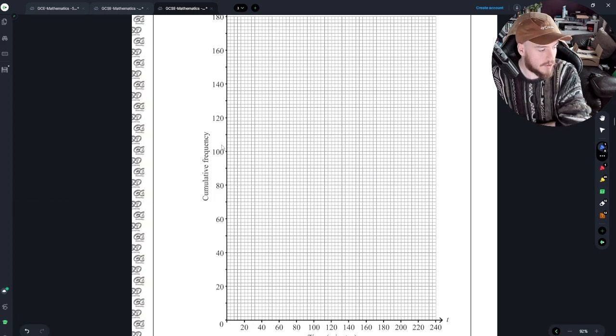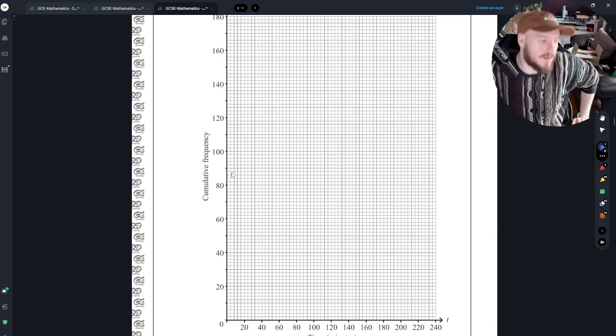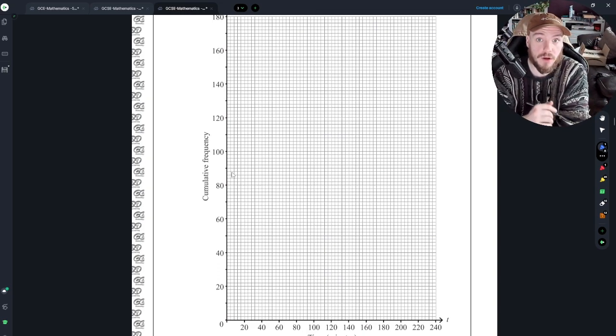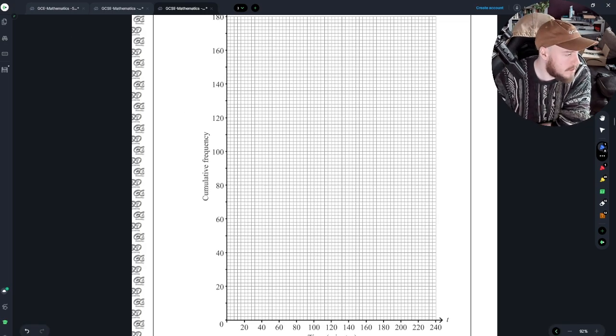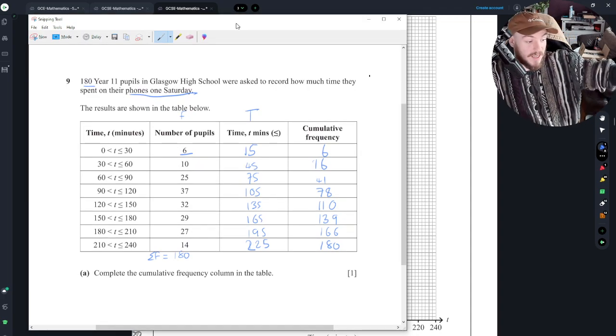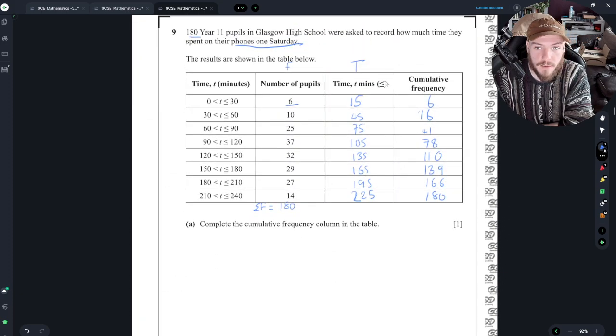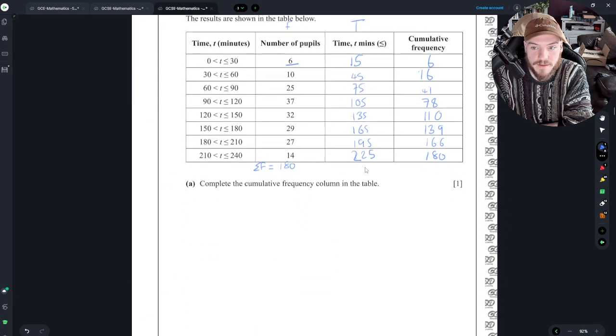Just in case you're unsure what we're plotting, I thought maybe I'll show you the first 2 points just to give you a bit of know-how as to what I'll be doing. So I've just screen captured the results here and I'm going to put it on my other screen. The first point, if we look up, is 15 and the cumulative frequency value is 6.